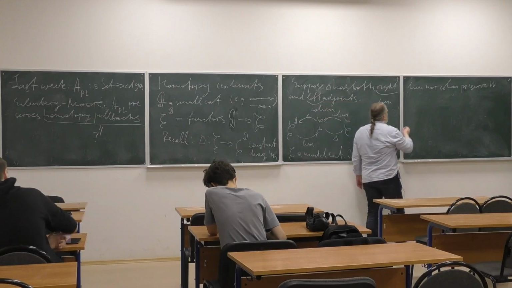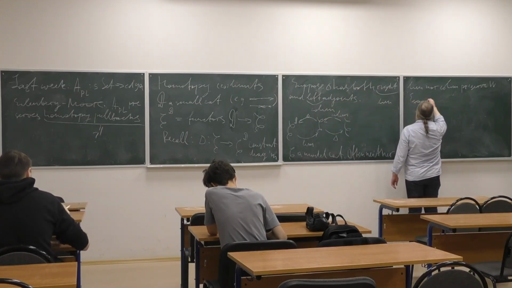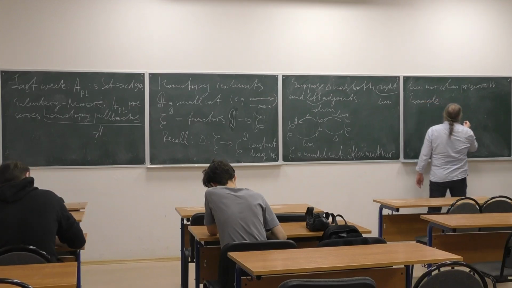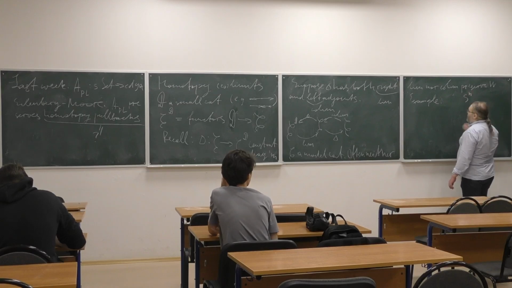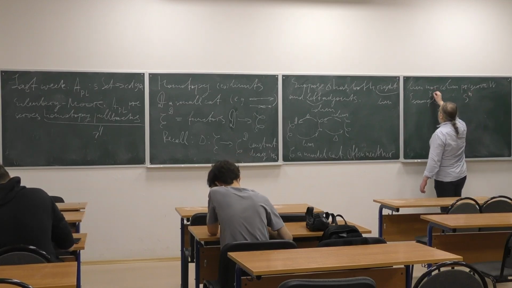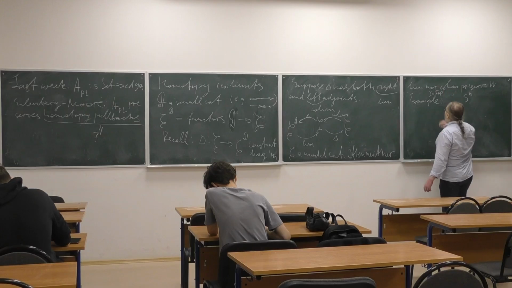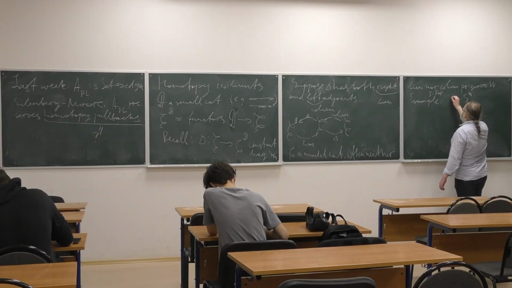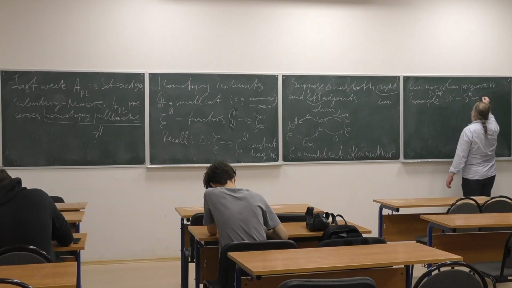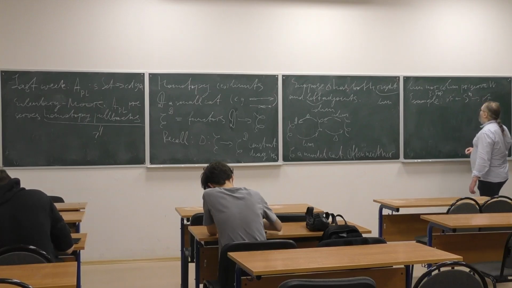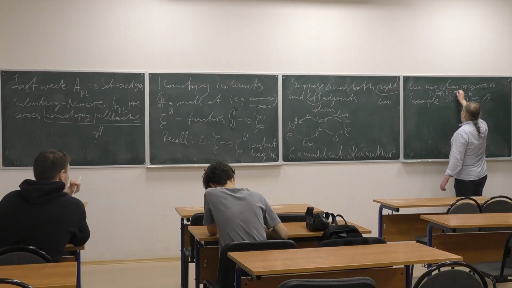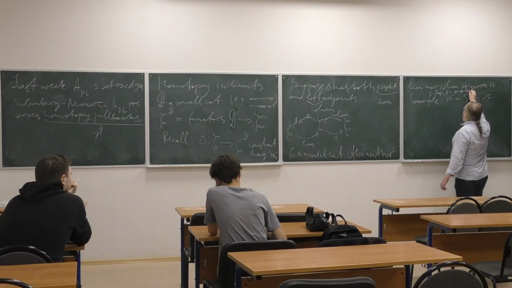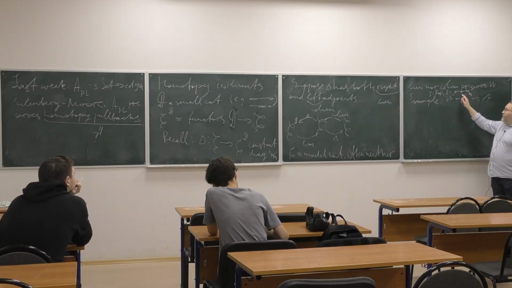Well, for example, let me take C topological spaces. And the D to be this diagram. It has three objects, two non-identity arrows.